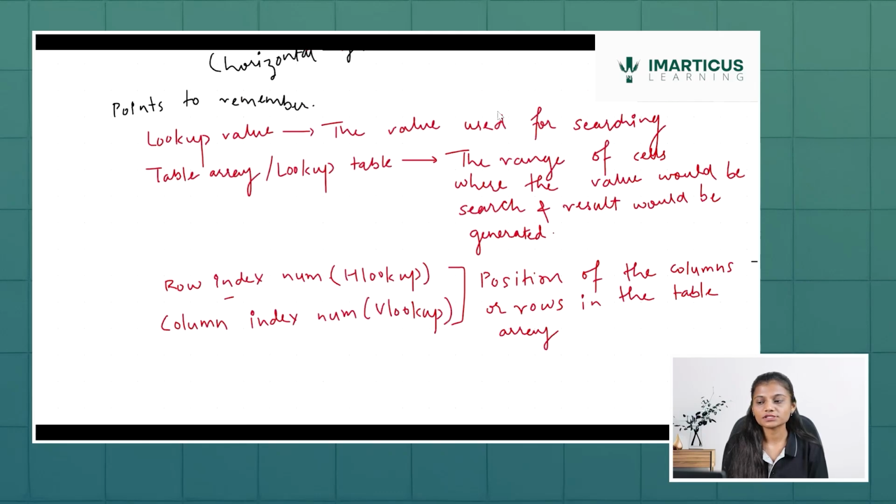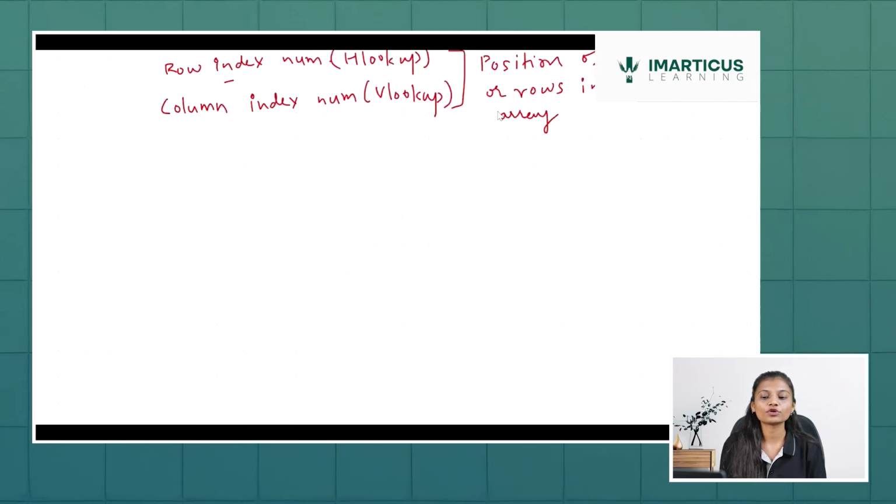So this is there, and let's see now the points to remember, or a few points to remember with respect to your lookup. The first point to remember is the lookup value. Now you know what a lookup value is, the value which you will use to search the data.